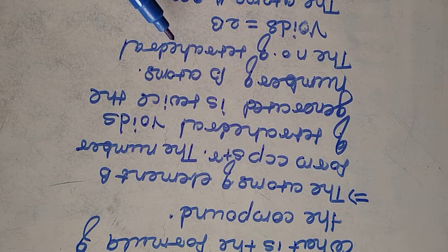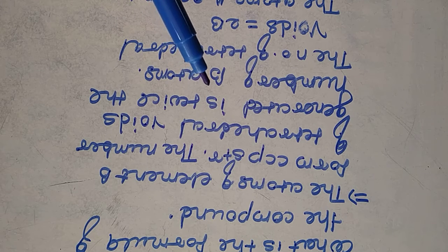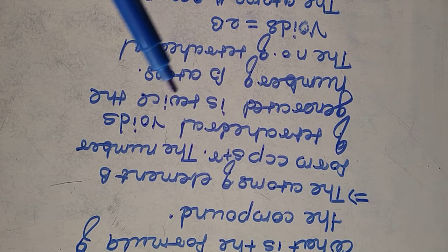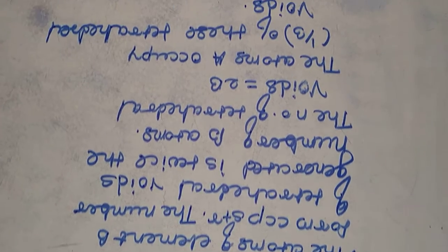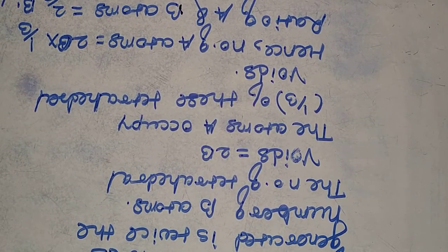We already discussed in the theory part that B atoms can form a CCP structure, but the number of tetrahedral voids generated is twice. The total number of tetrahedral voids is 2B.